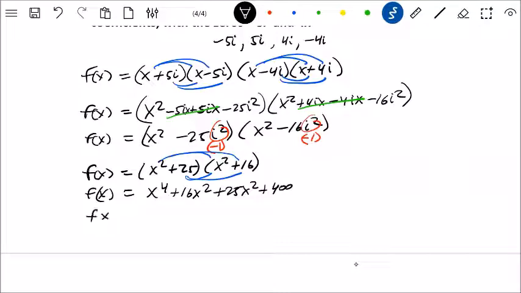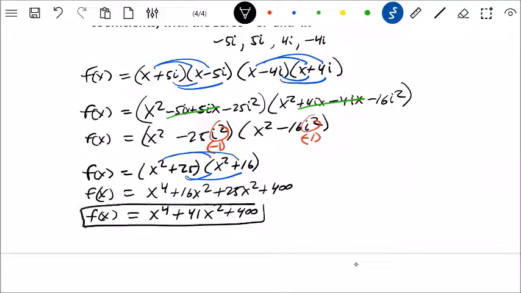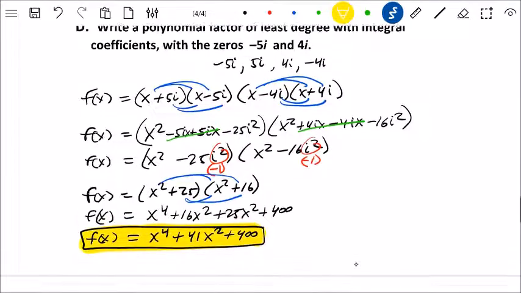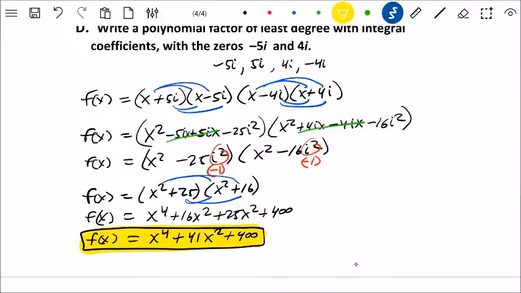Let's combine like terms, because the two middle terms will add up to 41x squared plus 400. And that's as far as we need to go for making this into a polynomial function. Having just two zeros, we can make it an x to the 4th power because each zero has a conjugate.